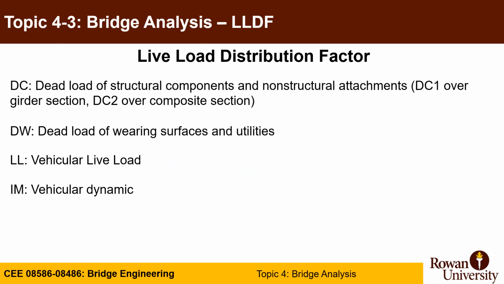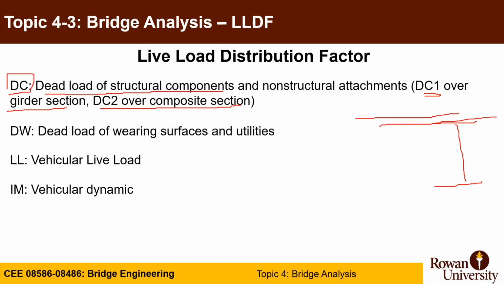Continuing with that, we know from previous what is DC, which is the dead load of components. You need to know in this case we have a notation for DC1, which happens over the girder section, and DC2 will happen over the composite cross section. For example, you may have a steel girder, and after that you are placing the bridge deck.